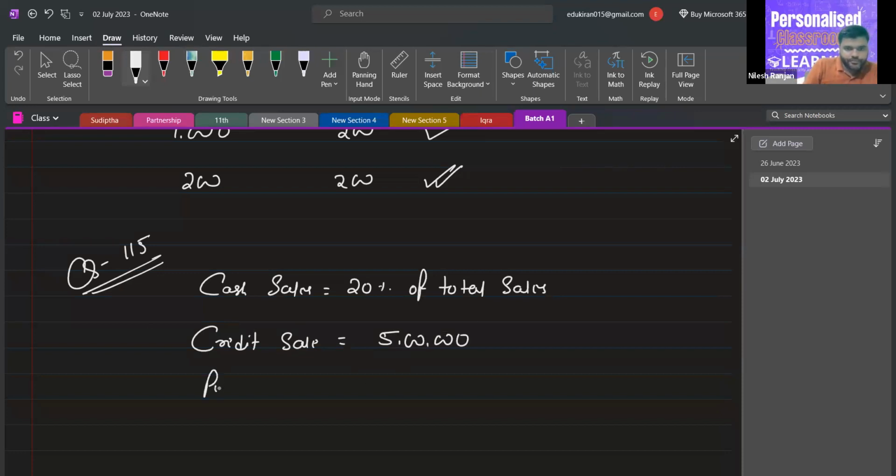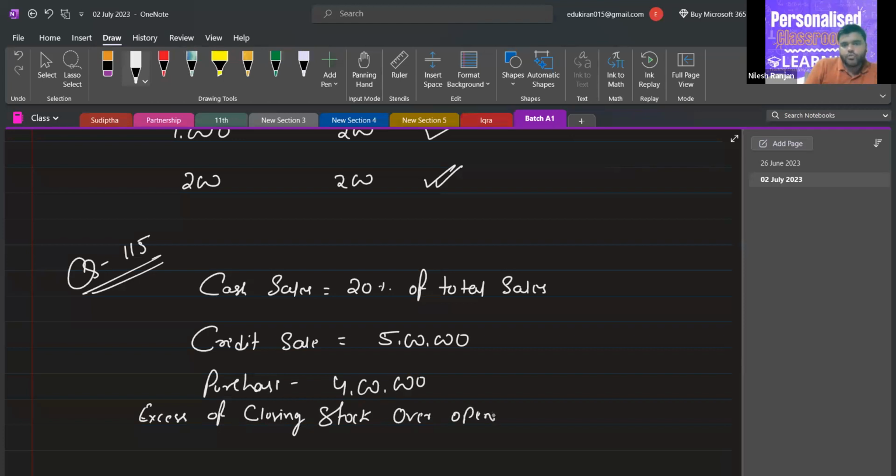Purchase is 4 lakh, and the excess of closing stock over opening stock is 25,000.